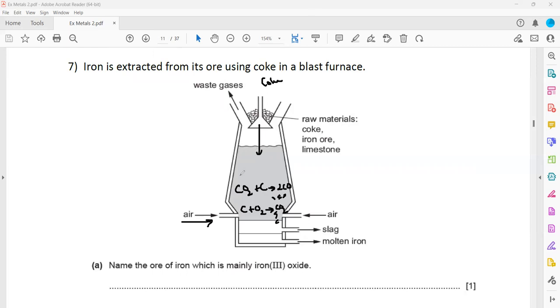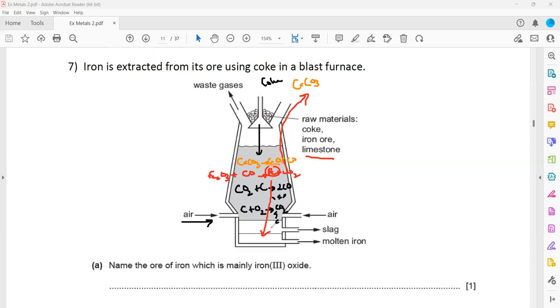And this carbon monoxide reacts with the ore of iron, which is iron oxide, and forms iron metal and carbon dioxide. This iron metal moves towards the bottom of the furnace and the carbon dioxide gas escapes. But why do we add the limestone, or calcium carbonate? This limestone decomposes because of the heat in the furnace into calcium oxide plus carbon dioxide.